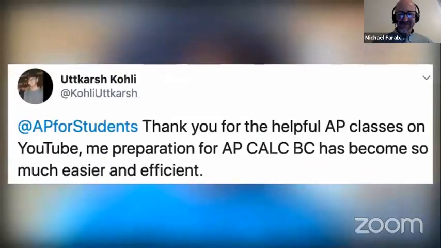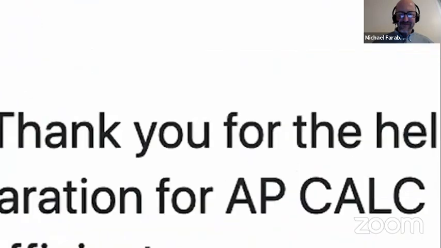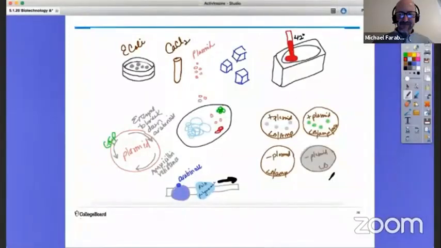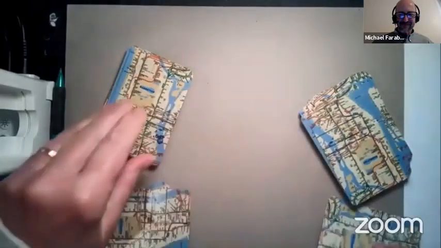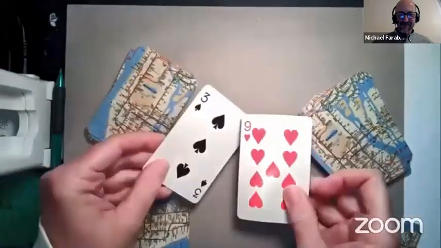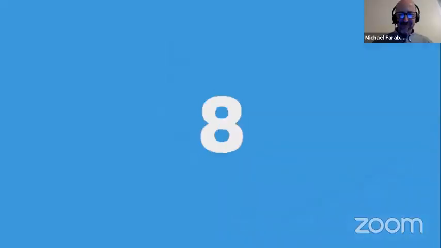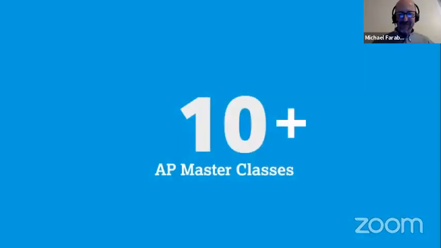Utkarsh Kali shared on Twitter, thank you for the helpful AP classes on YouTube. My preparation for AP Calc BC has become so much easier and efficient. So I drew this like 4 o'clock this morning. So it's not beautiful, but I think it gets the point. You turn over another card and they get compared and that person would win. Tell me if you do it differently, Mr. Schultz.